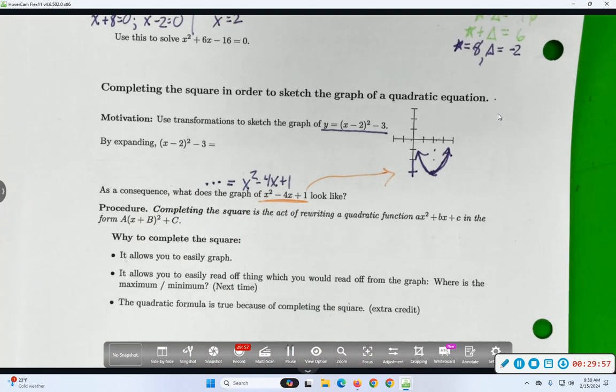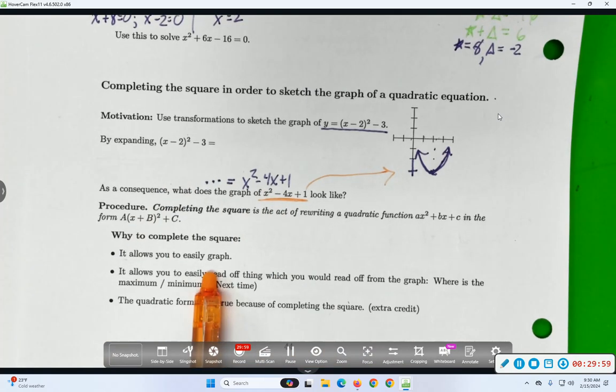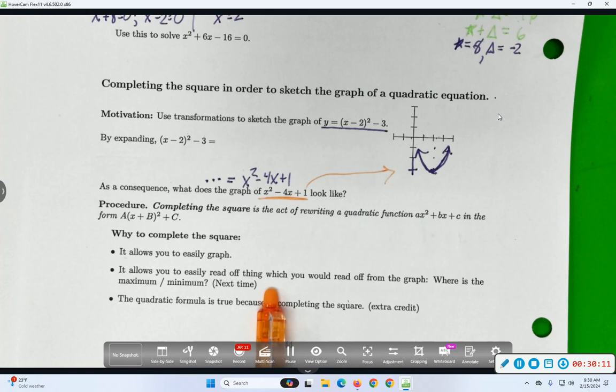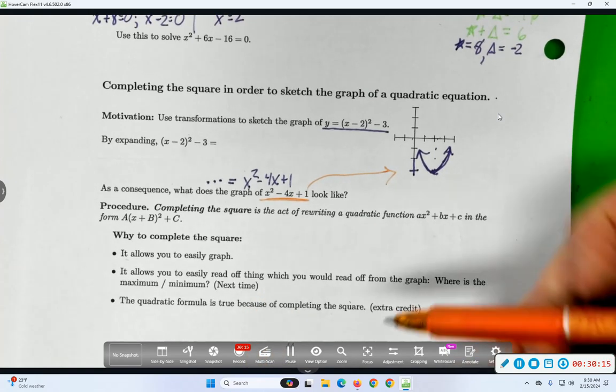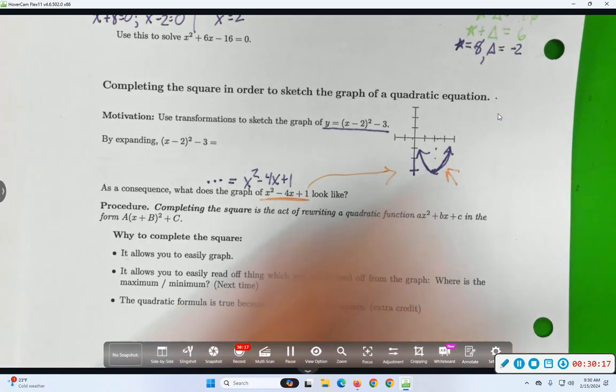So why complete squares? Well, we've just seen it makes things easy to graph. If you have a degree 2 polynomial and you want to graph it by hand, one strategy: complete the square. Now just graph that stretched shifted degree 2 polynomial. You can easily read things off from the graph. Like, let's suppose I want to point at this function.